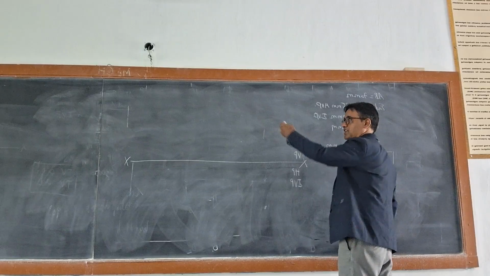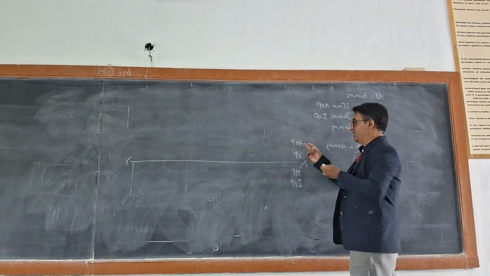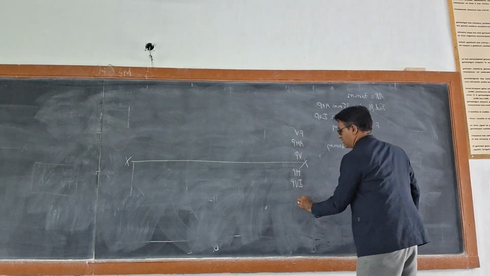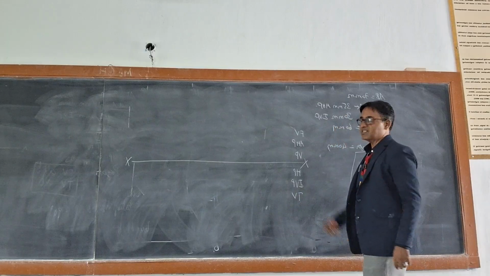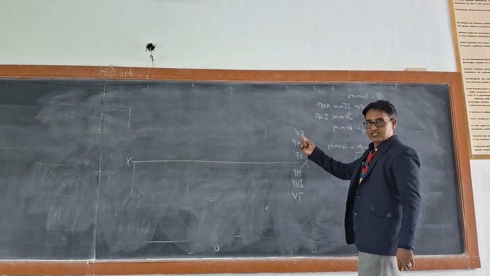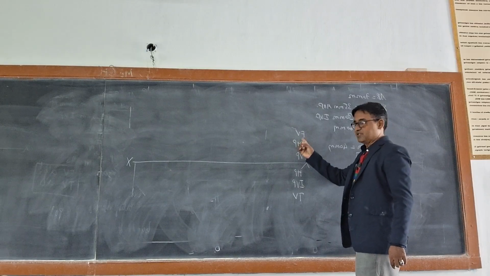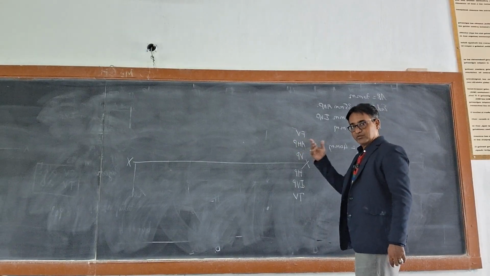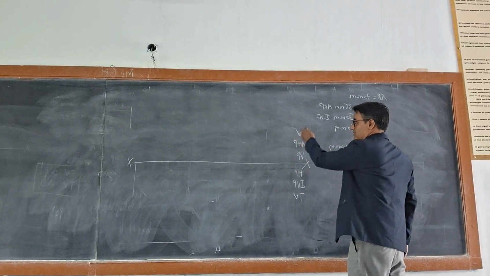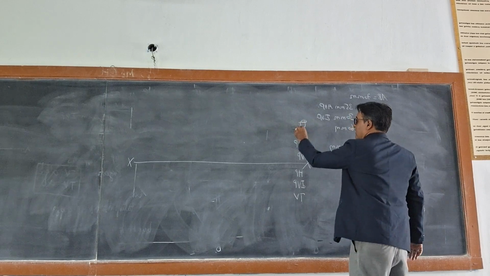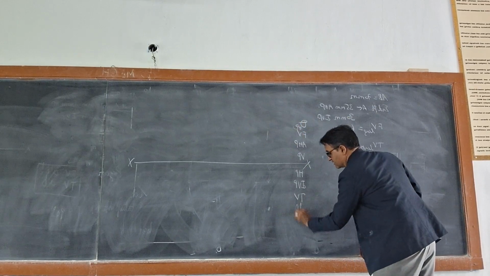Any inclination to HP you can see from the front view only. Where is the front view located? Above XY, and the top view will be below XY. Therefore, any inclination to HP, that is theta, you can see from the front view. Inclination to HP is visible when you are looking from the front. Therefore, the front view is above XY, so theta will be here. And the other one, psi, will be here.